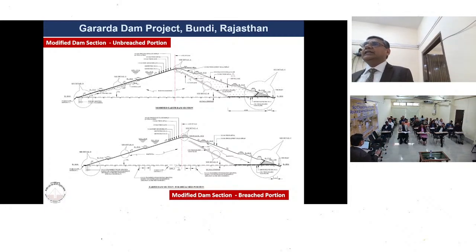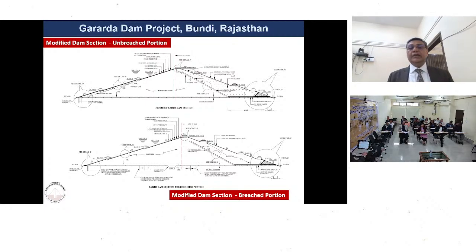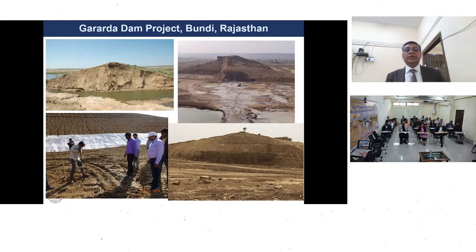The idea was that initially we will not allow any water to percolate into the dam body, so that the structure is safe in the dry condition. If at all water percolates into the dam body, then we are introducing filters on the downstream side to collect that water and drain it effectively. And in the portion which has been cut and rebuilt, the compaction density has been achieved as required. So these were the three measures which were decided and executed.